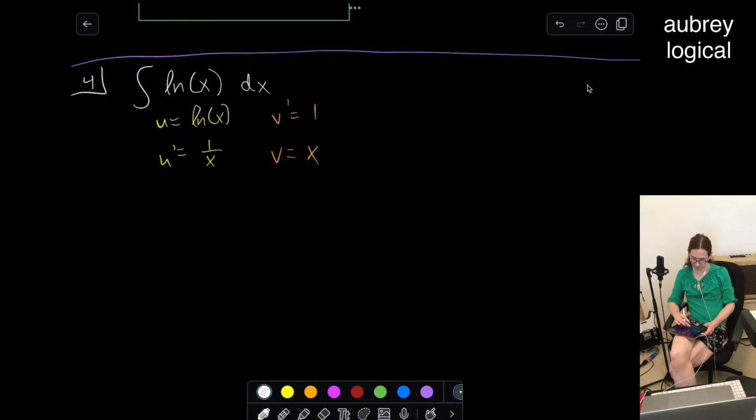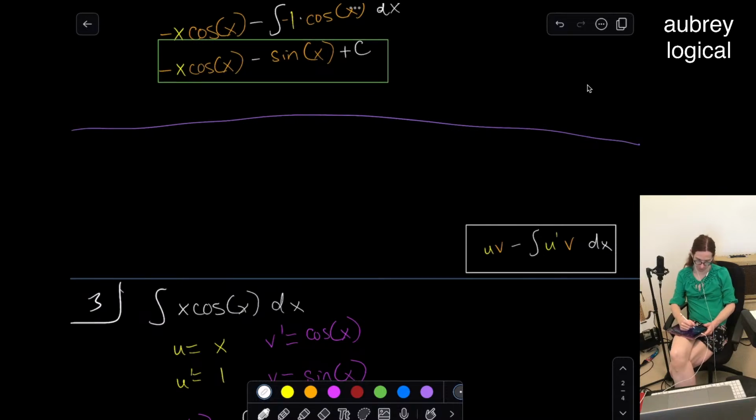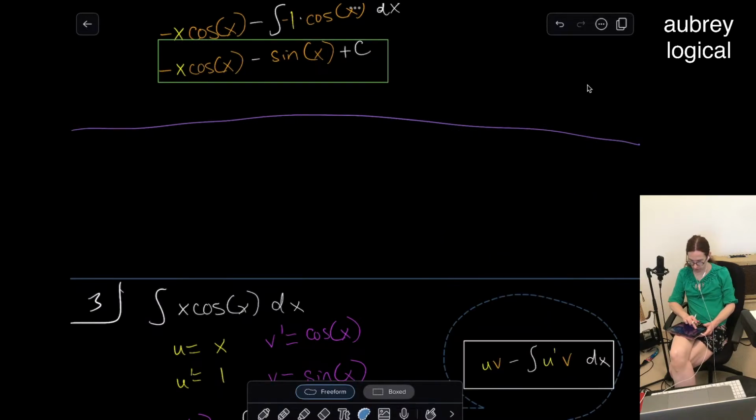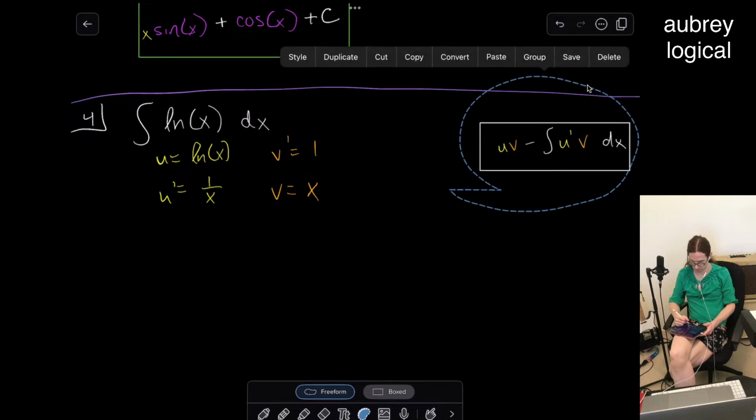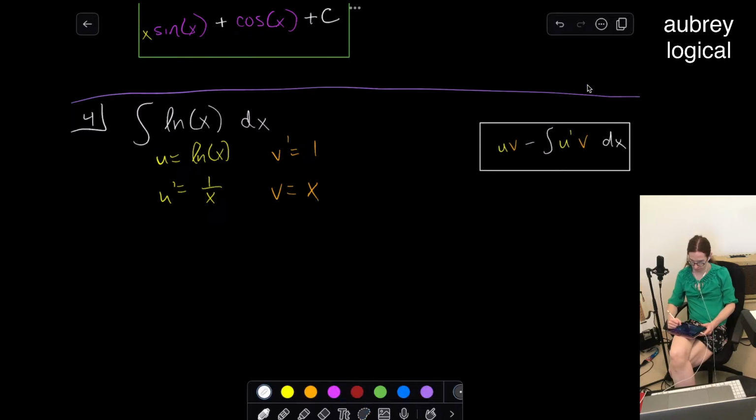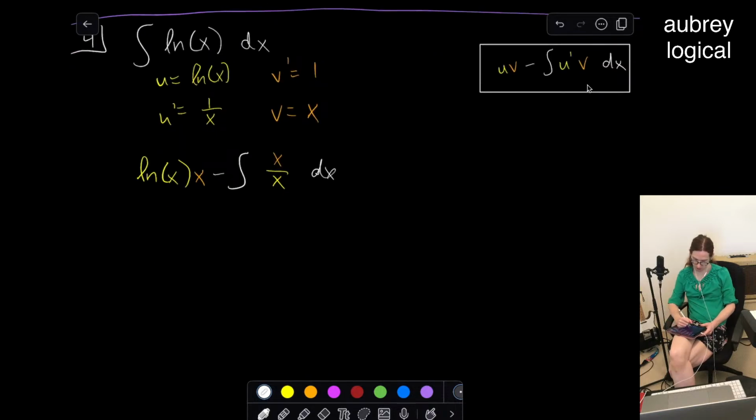So now let's bring our formula with us. Okay. So we've got ln of x times x minus the antiderivative of x over x dx, which x over x simplifies to 1.